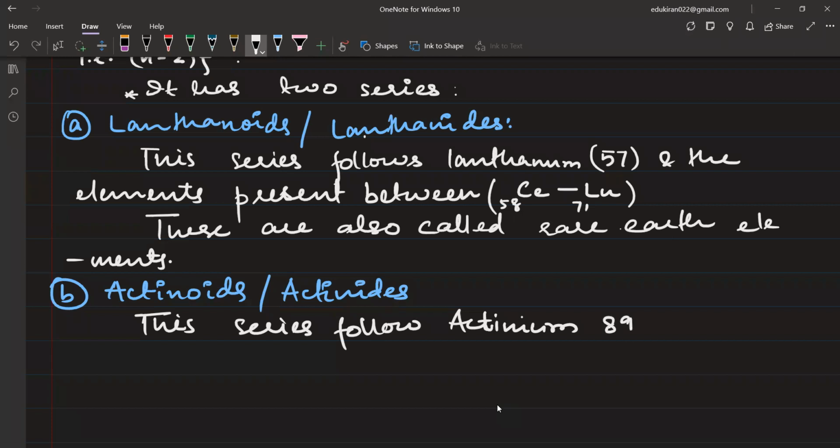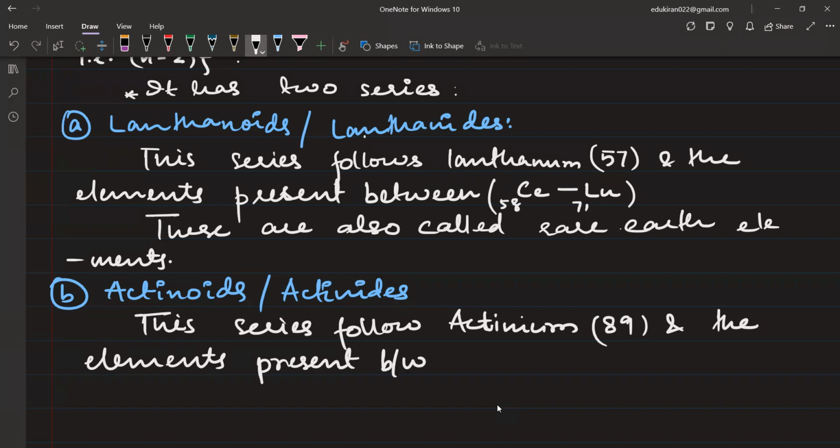Actinium has the atomic number of 89, and the elements present between thorium, which is 90, to lawrencium, which is 103.